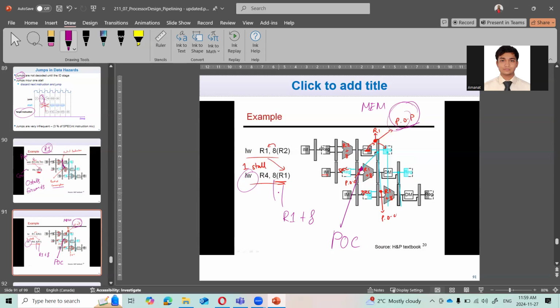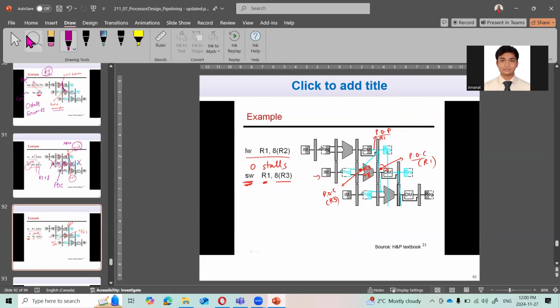So we can't go back in time. So we need 1 stall, so that we can push this result here, okay? So now if we have 1 stall, we delay the point of consumption, and there is no data hazard.